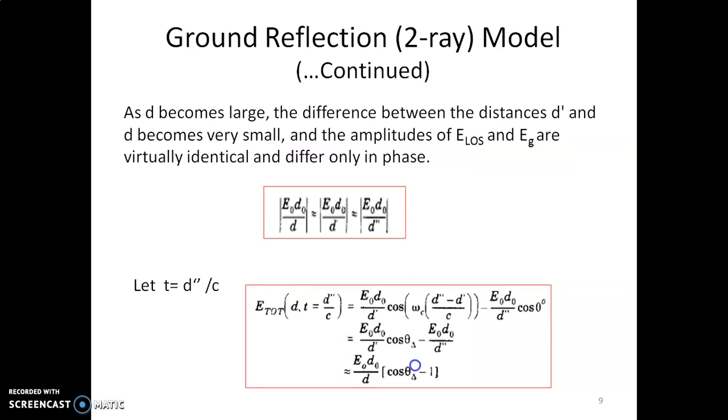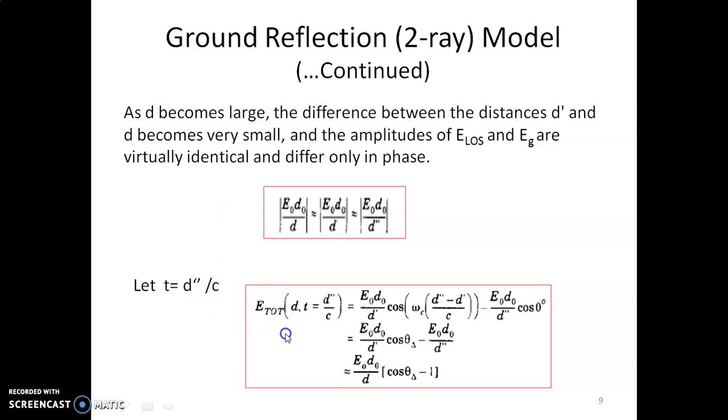Suppose if d is very large, then the difference between the distances d' and d will become very small. And the amplitudes of E_LOS and E_g will be identical and they differ only in phase. Suppose you take T is equal to d'' by c.